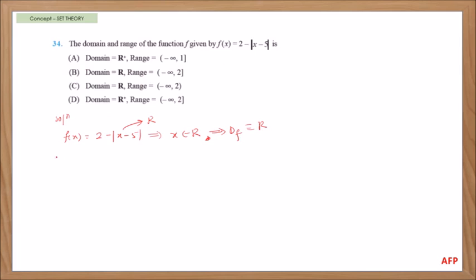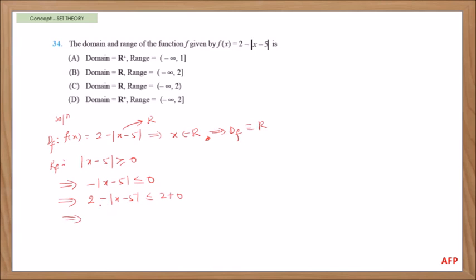So now, what is the range? This is the range of f. For the modulus function, you have to find the f of x value. The modulus is greater than or equal to 0. I want the minus sign, so if I multiply by minus, the inequality sign changes. If I add 2, the inequality sign does not change.